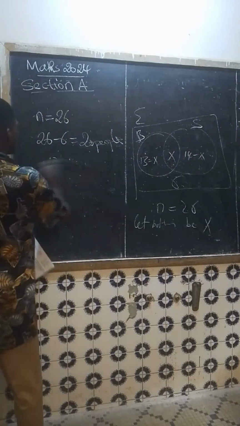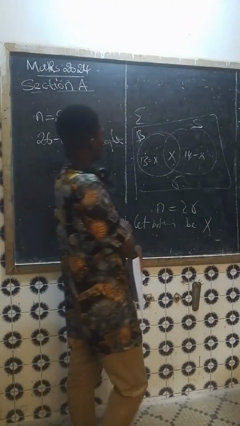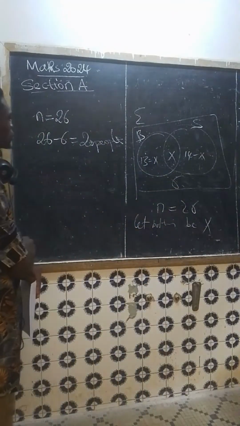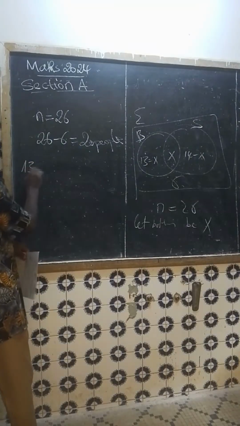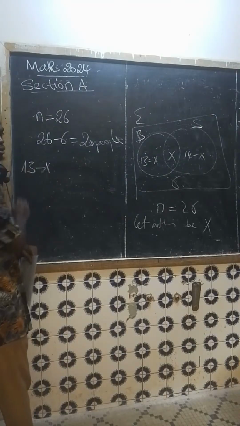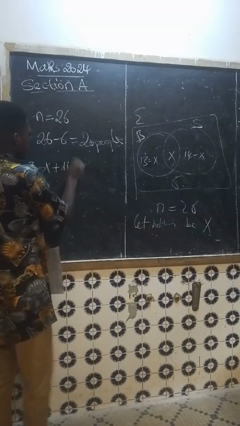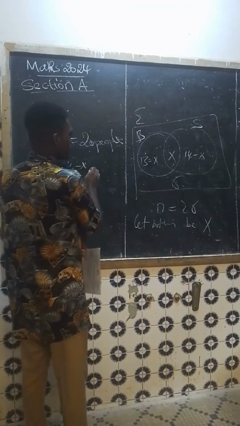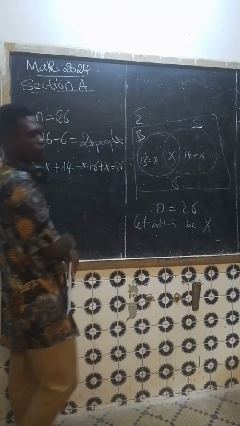Okay, so I'm now saying that 13 minus x, plus 14 minus x, then plus 6 plus x will give us 26 people.